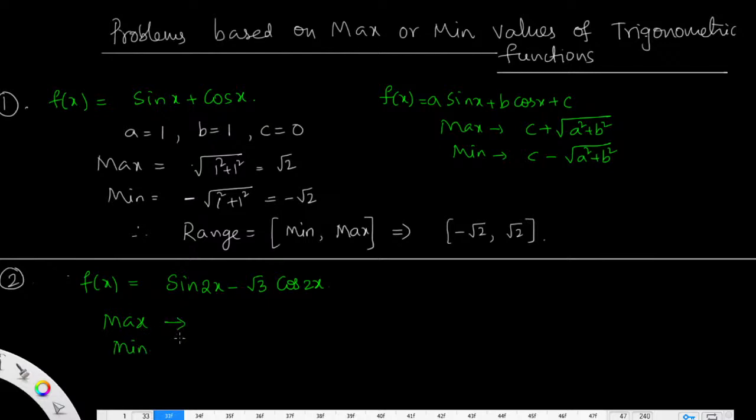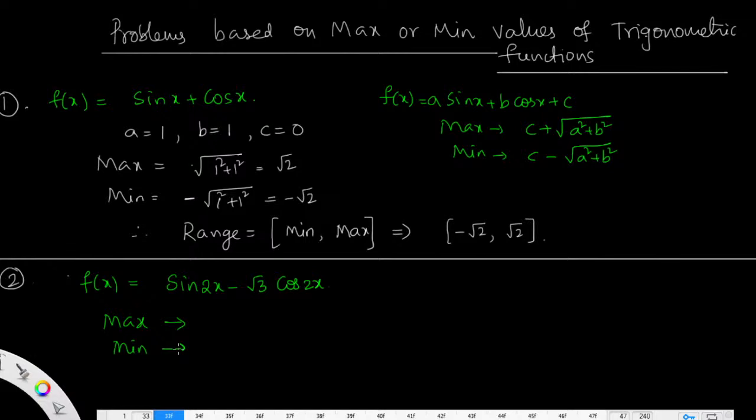Please give the response. What is the answer for this question? What is the maximum value and minimum value? Give the response fast. Whether it is type 3, only a sin x plus b cos x plus c.